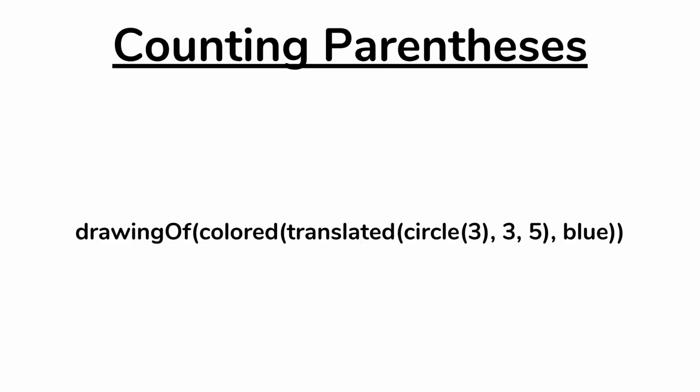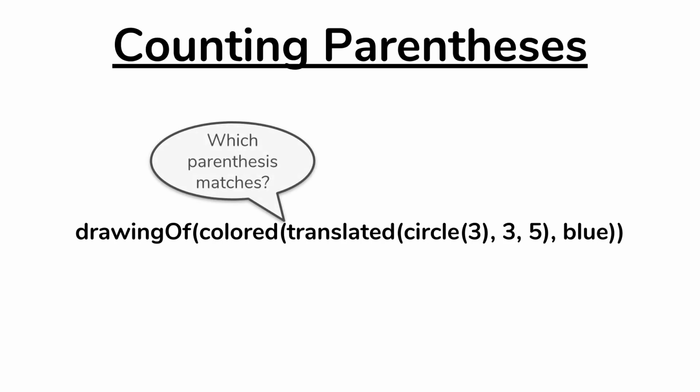When you read a complicated expression like this, sometimes you have the question, which parenthesis matches this one? Take this open parenthesis corresponding to the colored function. Can you tell at a glance which of the many closed parentheses matches that open parenthesis? You could work inside out to answer this question just as we did earlier. But if you just want to find this one matching pair, there's another trick you can use. We're going to count parentheses starting from the open parenthesis that we'd like to match.